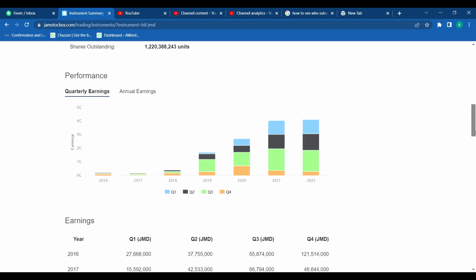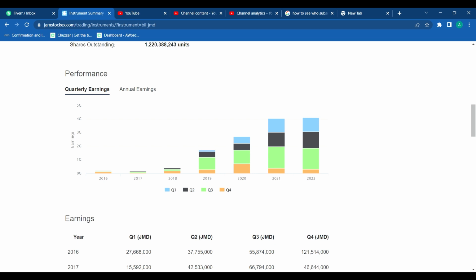This basically indicates the earnings of a company over some years. So it shows you from 2016 to 2022, and it shows you these different color bars, showing how much the company earned throughout each quarter.